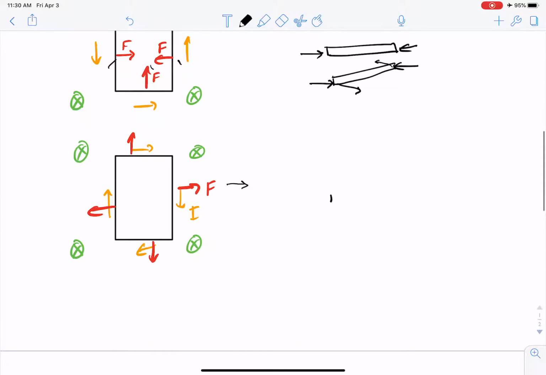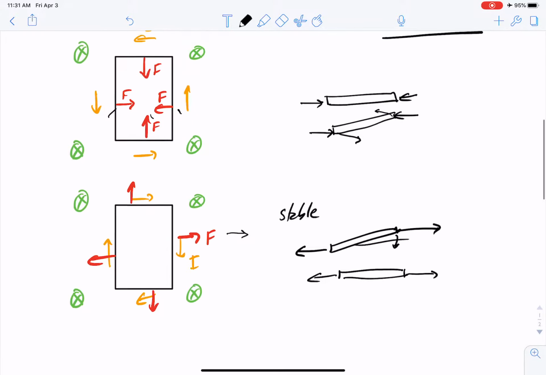In this case, if I'm pulling on those and it's at an angle, the rotation will be back this direction, which will lead it naturally to go back to here. So this one is stable, and this is unstable.